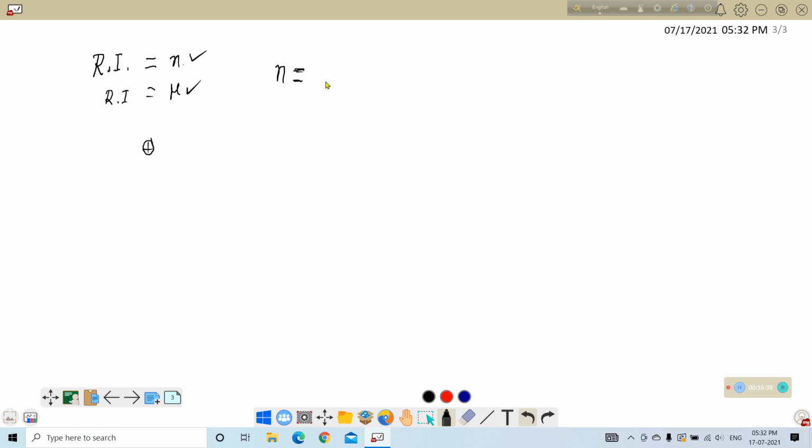Now n GW, suppose we have written n GW. That means n of G by n of W. Just opposite signs or opposite notations are used here.